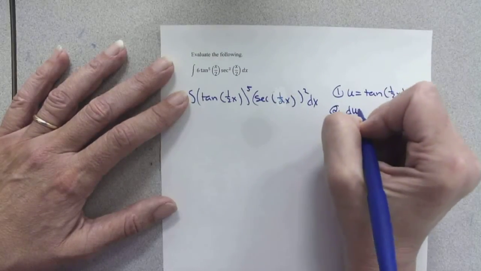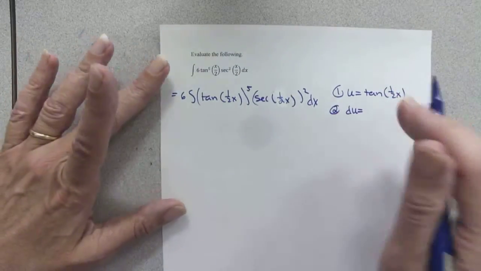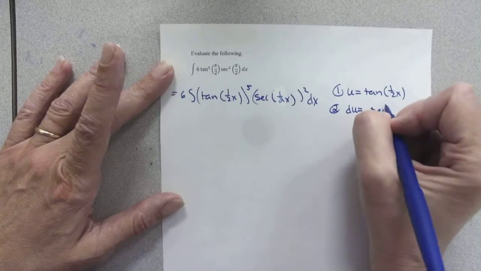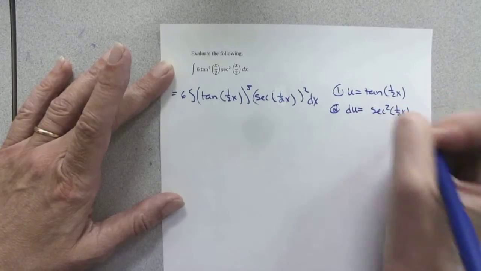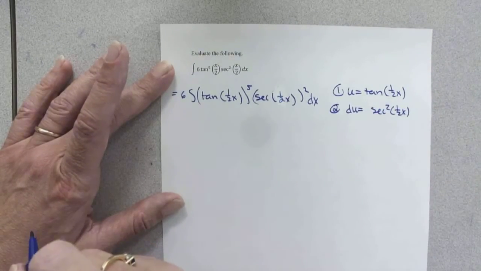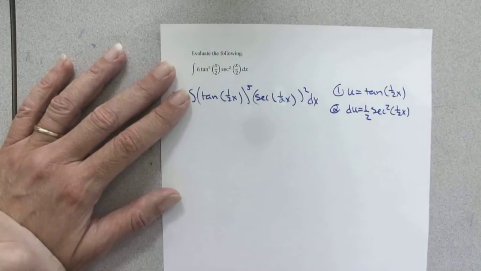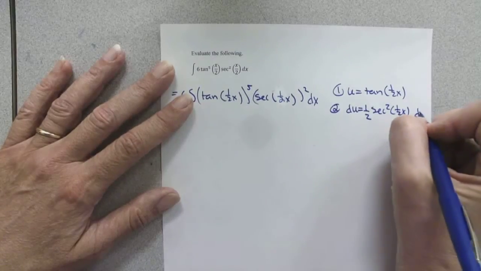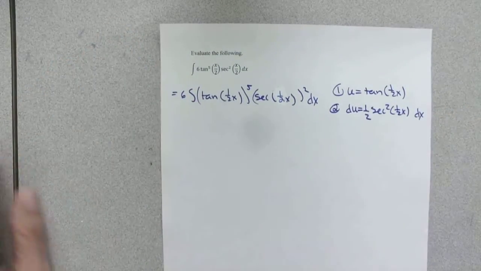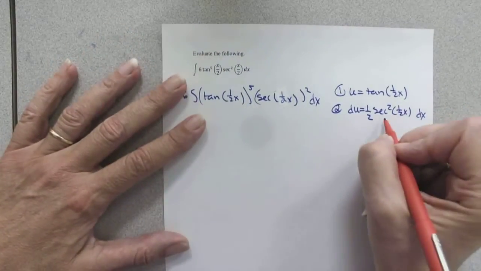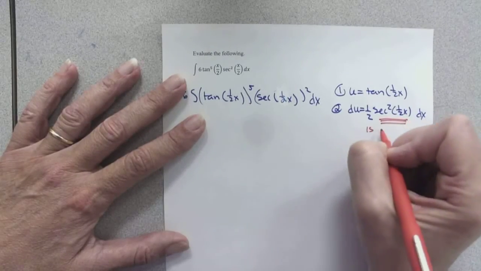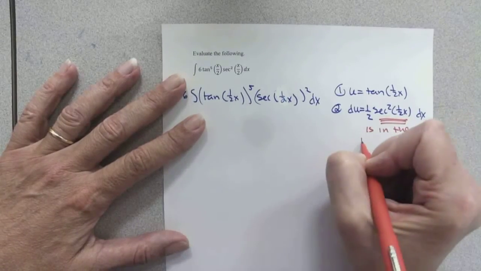Because then du, differentiating the derivative of tangent, is secant squared. The angle doesn't change. Differentiating, chain rule, 1/2 dx. And notice this is in the problem.